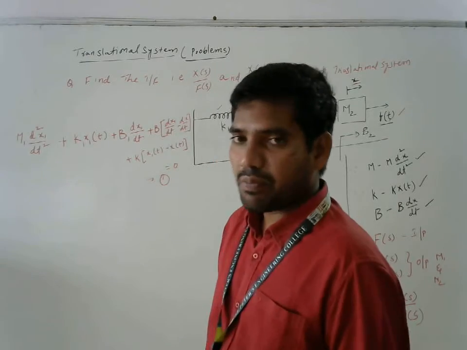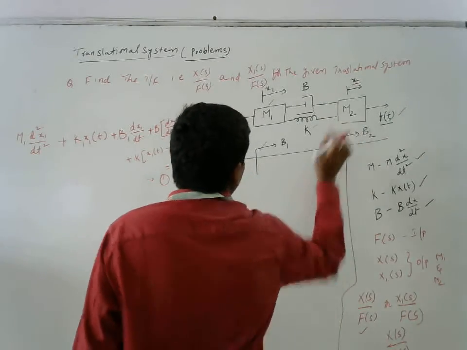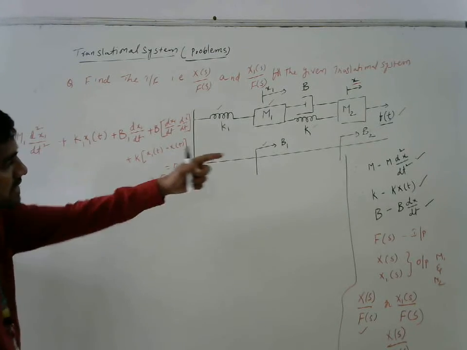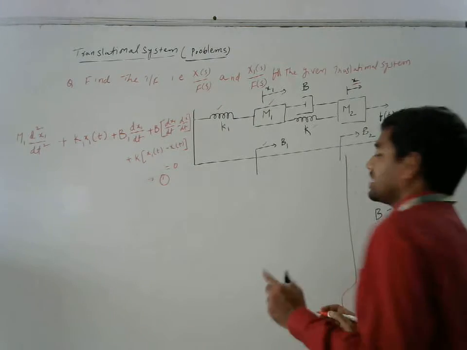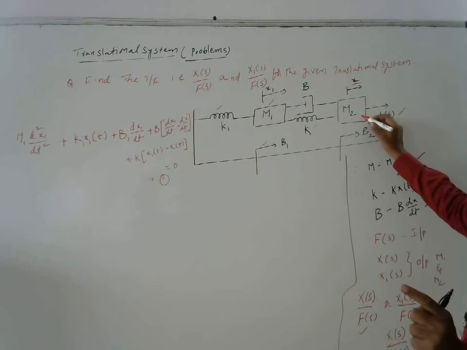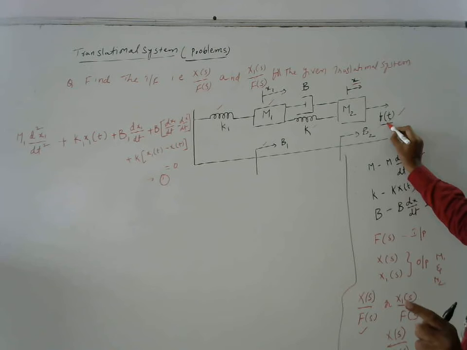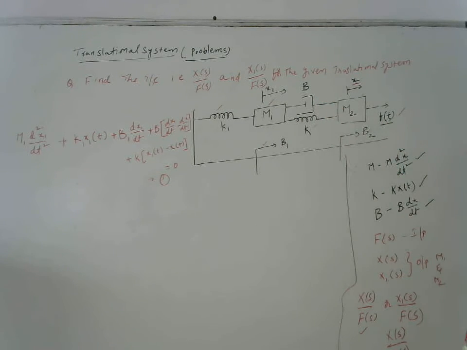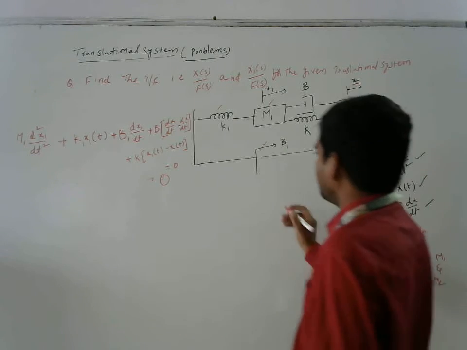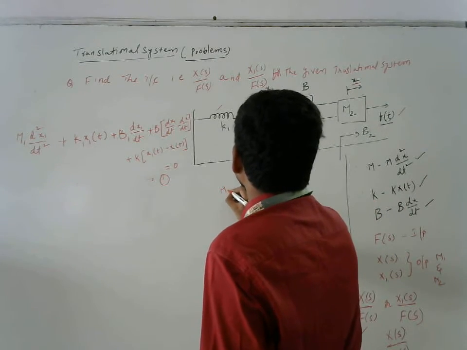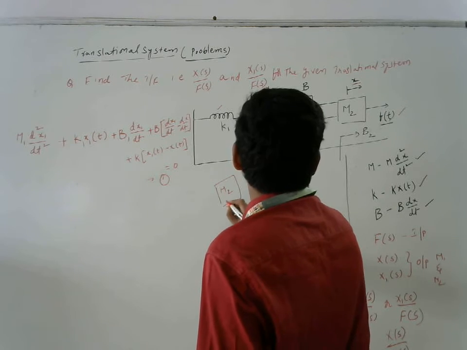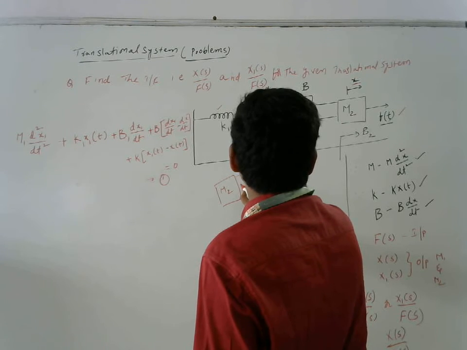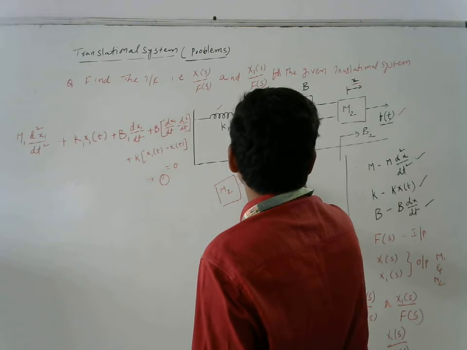Similarly, at mass m2, you have to write down the second differential equation. What is the total force applied here at that mass m2? How many elements are connected? That thing you need to identify. At mass m2, it is connected to force F of t, damper B2, spring K, and again damper B. That means in total 5 elements at m2: force F of t, and next B2.